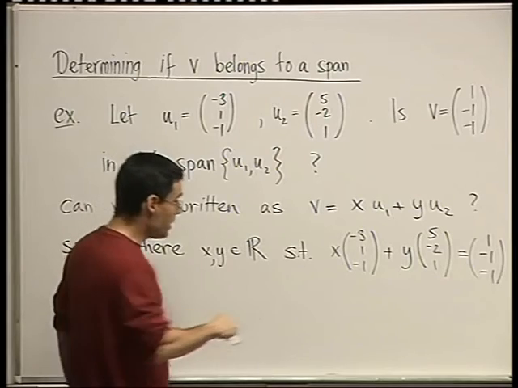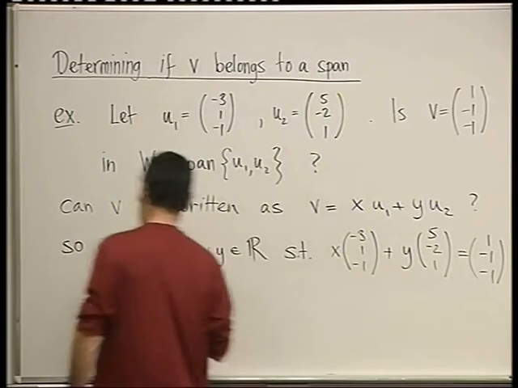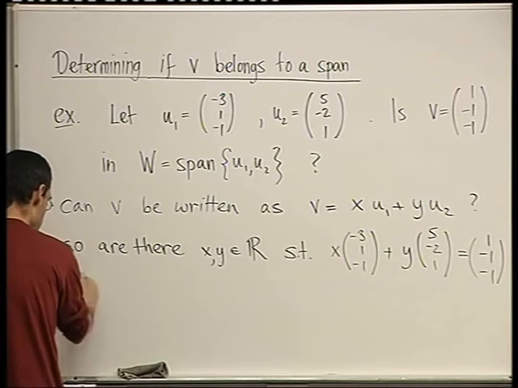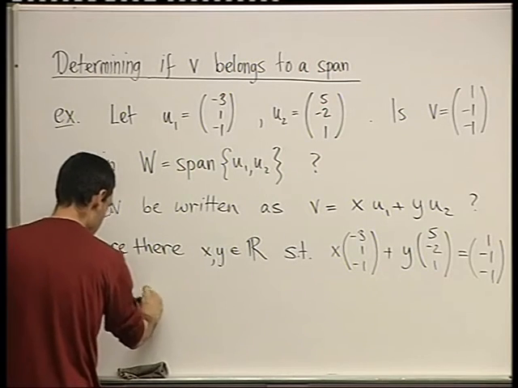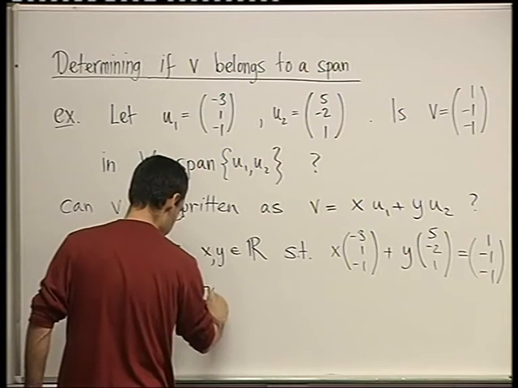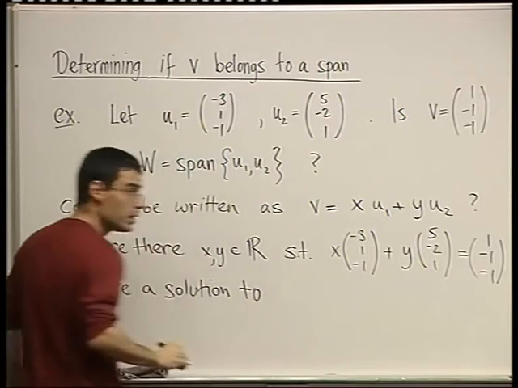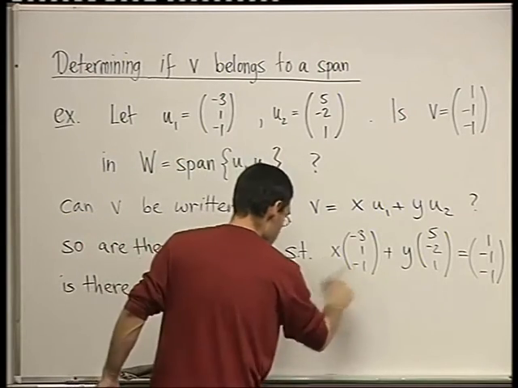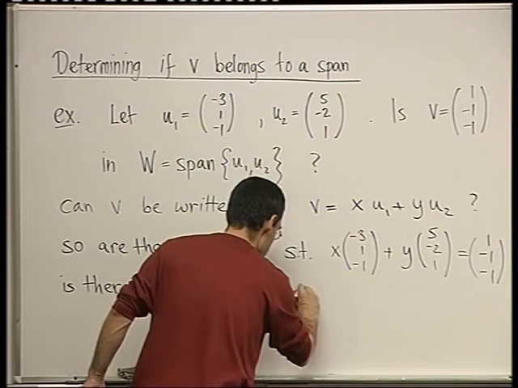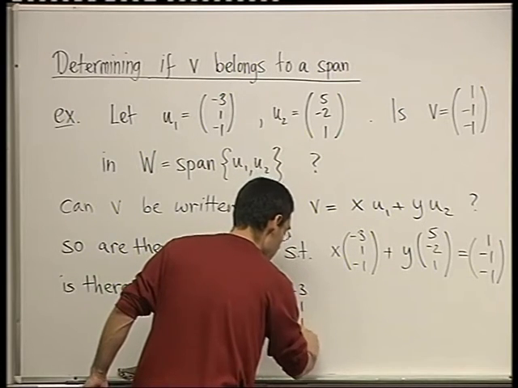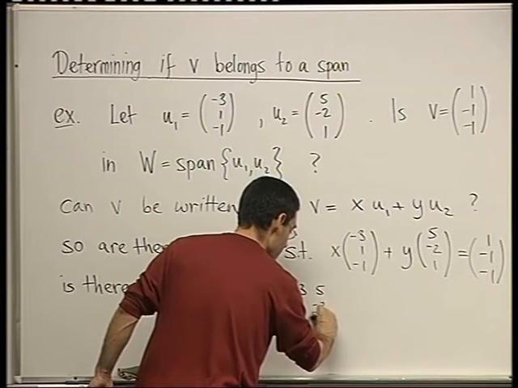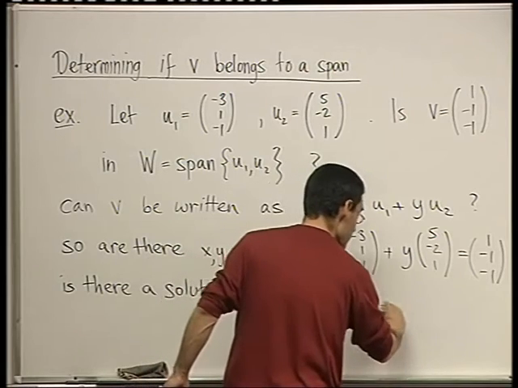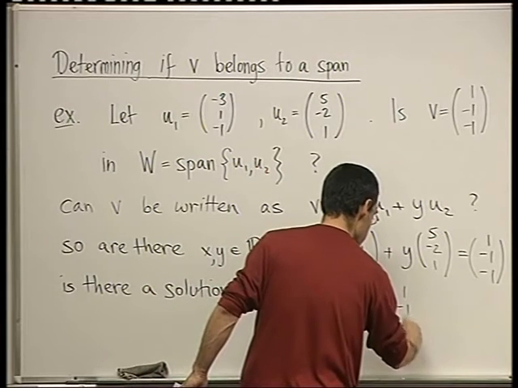So again, the same question asked differently: is there a solution to the system with coefficient matrix negative 3, 1, negative 1, 5, negative 2, 1 times x, y equals 1, negative 1, negative 1?